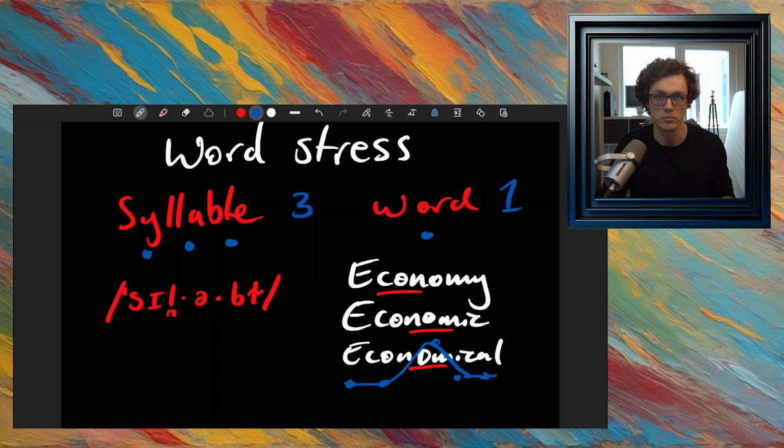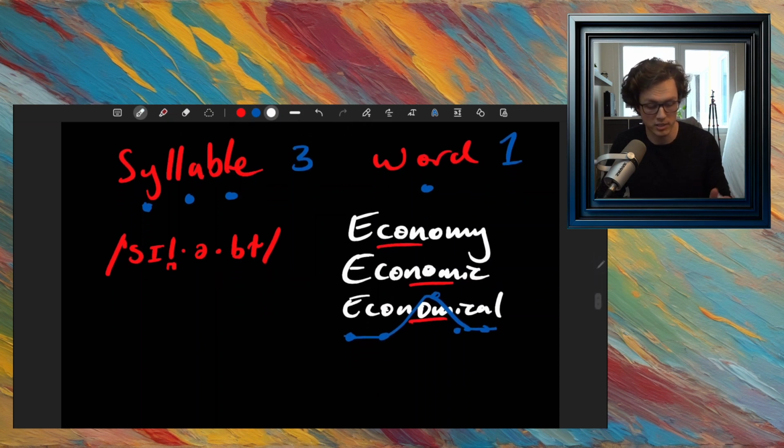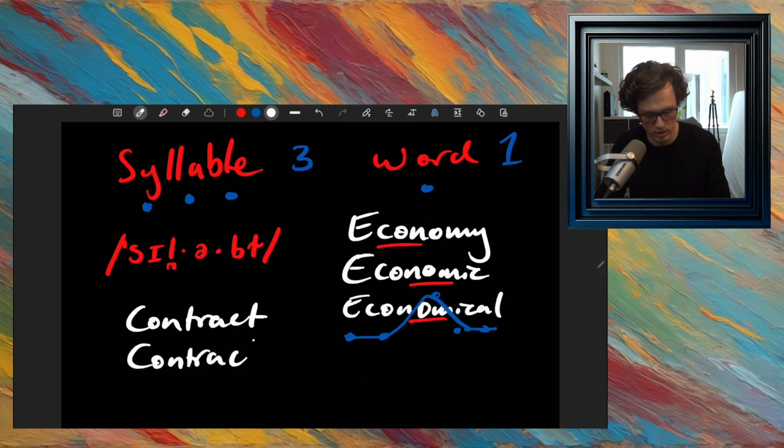That isn't a word. That doesn't mean anything. Something that's interesting is some words can actually have two different stressings depending on how they're used. Contract and contract are spelled the same, depending on where the stress is.